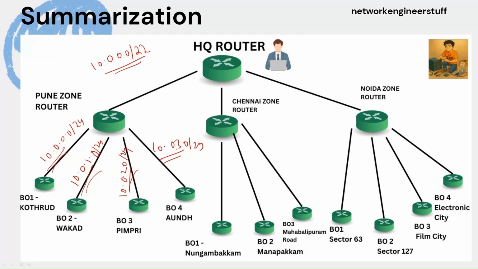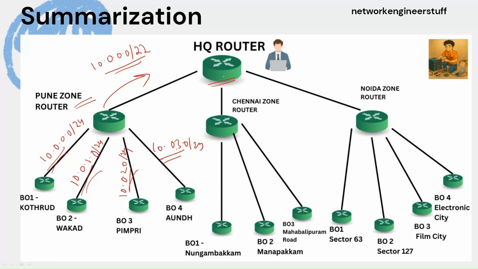So this is what summarization does. It summarizes these individual routes. So rather than sending the individual routes, this Pune zone router will send a summary route of 10.0.0.0/22.